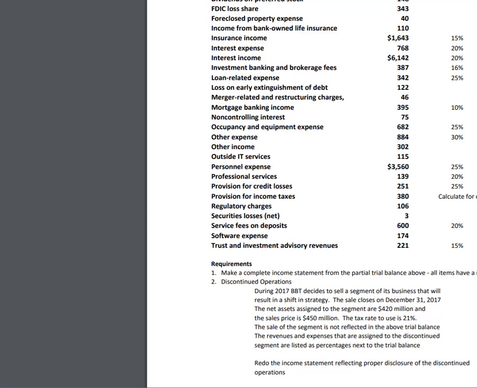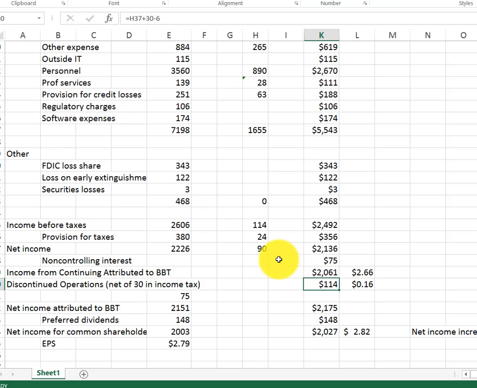So in the discontinued operations line is both the net income for the year for the discontinued operation, that's what we did here, separated it out, and the gain or loss on the sale, if the sale happened in the current year, which this one did. So those both go in there. So this is 90 plus 30 minus the tax on that 30, which is 6. So you see the formula up here that I used.